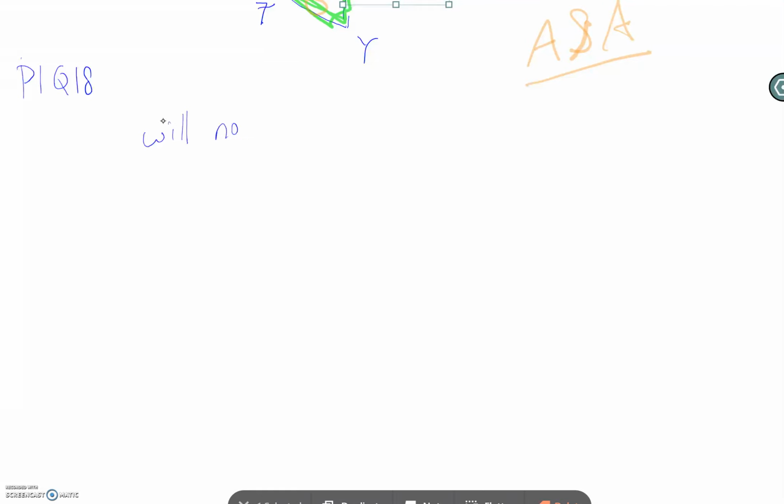Will not intersect. So this means parallel. So parallel means the gradient is the same. You try? Do you know the gradient of PQ? So what is the gradient of PQ? 3y minus 2x.